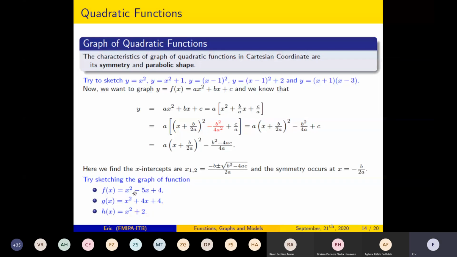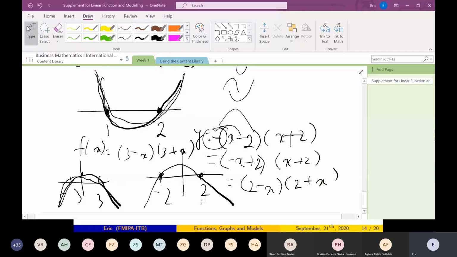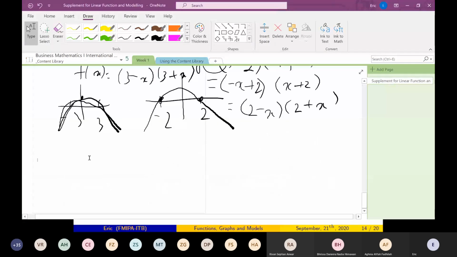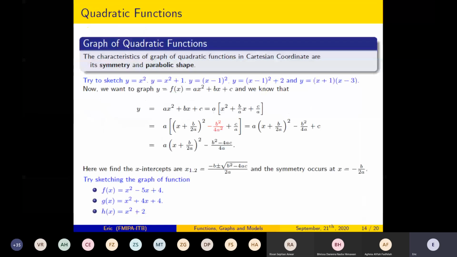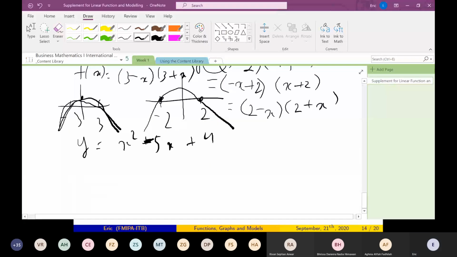So what about if I want to graph x squared minus 5x plus 4? I want to draw y equals x squared minus 5x plus 4.